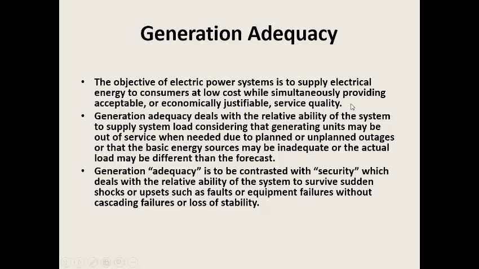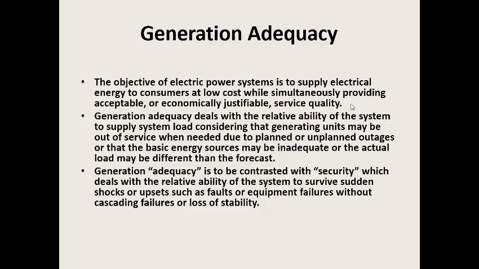Now, we have to understand that there are certain factors which produce uncertainty. For example, the load may be higher or lower than what we have forecast for the future. Some generating units might fail.